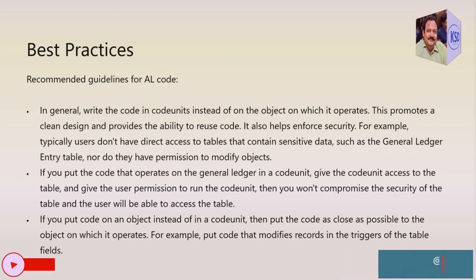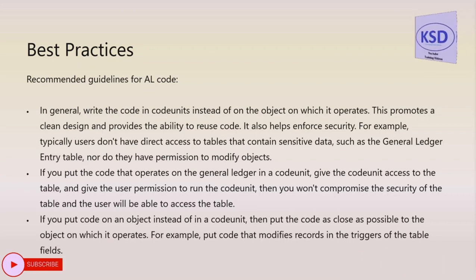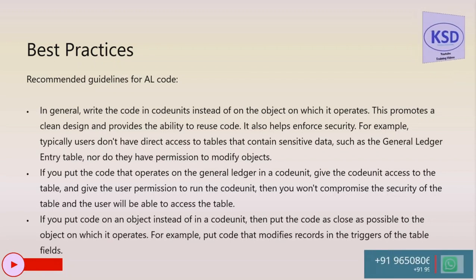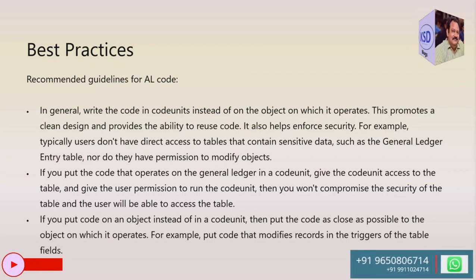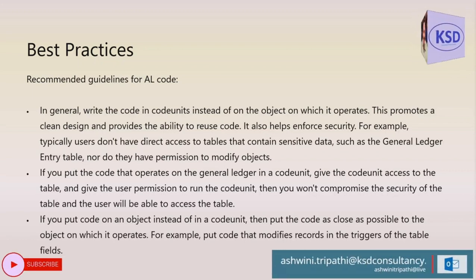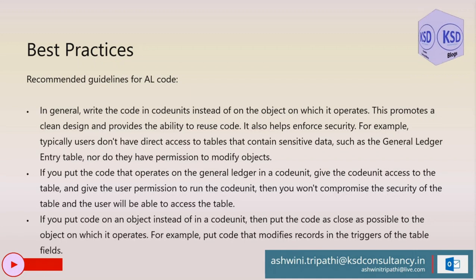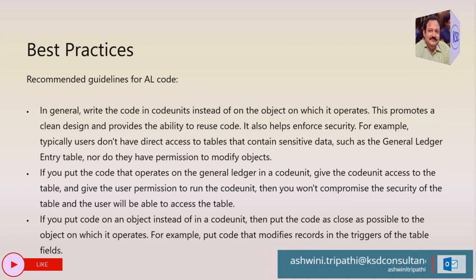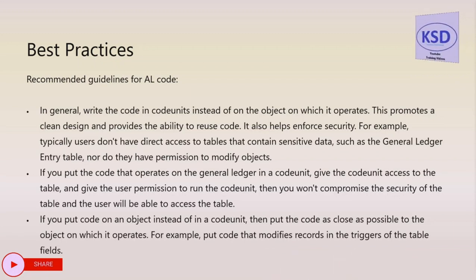It means if your code is dependent on a particular field's value, it will be a good idea to write the code inside the validate trigger of that particular field rather than writing it somewhere else. So, for example, put your code that modifies the record in the trigger of the table fields.